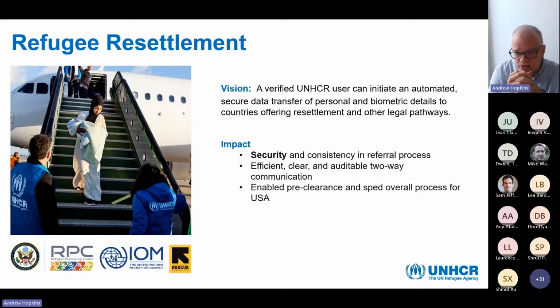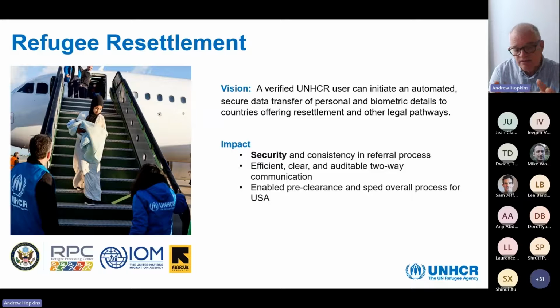In fact, in 2023, 96,000 refugees were able to depart on resettlement. Now, here, we want to make sure that those processes are efficient, and our resettlement governments who are receiving those refugees really have to have confidence that the people who are getting on airplanes are who they said they were when they registered with us, right?